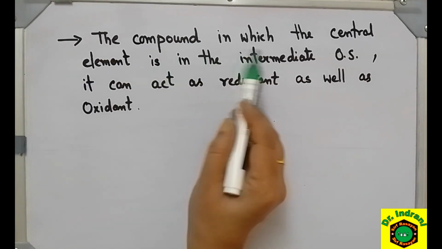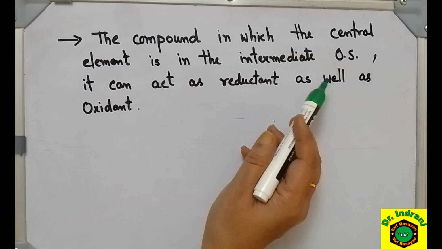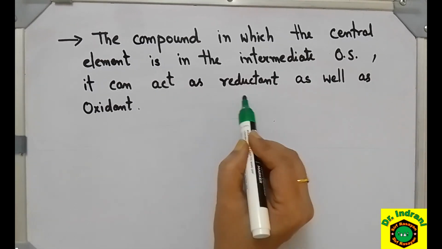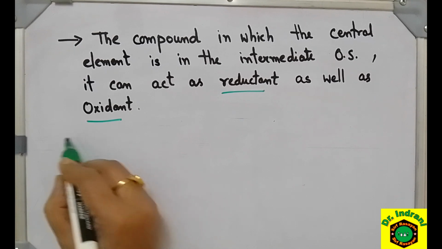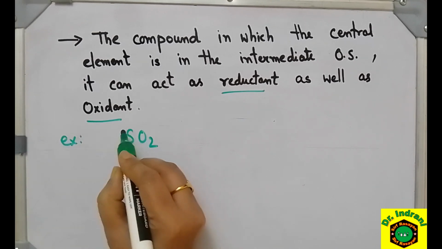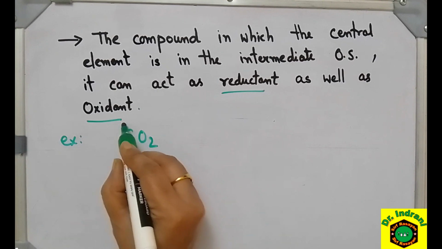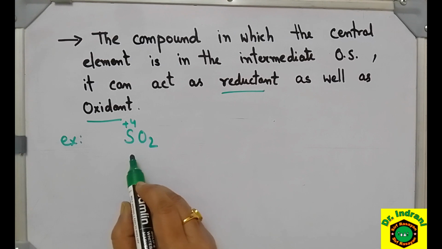Now see the compound in which the central element is in the intermediate oxidation state, it can act as reductant as well as oxidant. For example, in sulfur dioxide, what is the oxidation state of sulfur? +4. You know sulfur is group 6 element.